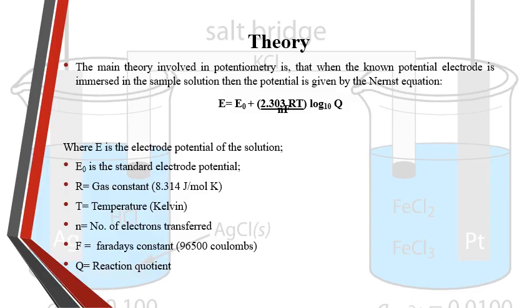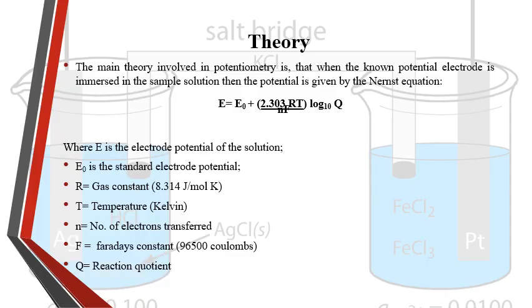Please pay attention. I'm going to explain some things here. E is the electrode potential of the solution. This is the actual potential measured by the electrode when it is immersed in the sample solution. It is dependent on the concentration of the ions in the solution and the condition of the system.